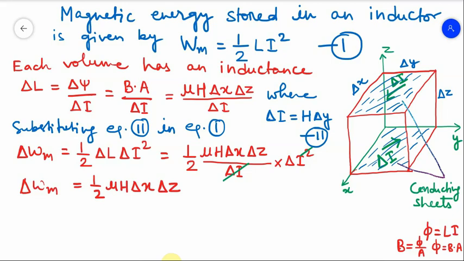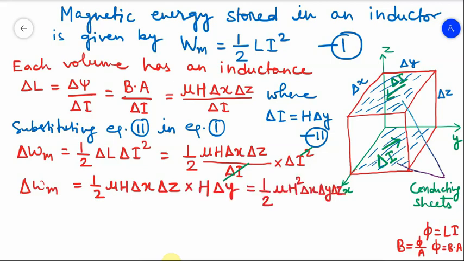Now the whole expression is how much? This is half mu h into h, it is h square, and del x del y and del z. So this del Wm equals half mu h square del x del y del z.